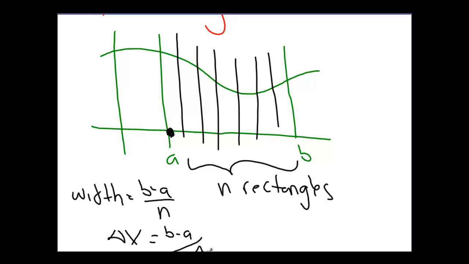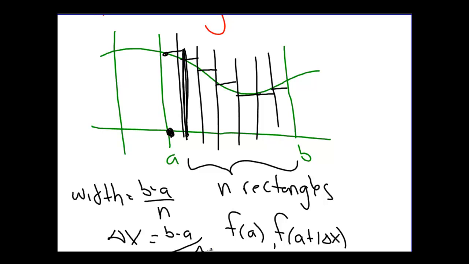Let's go ahead and for this particular example, let's take every left endpoint and estimate the areas based on the values of the left endpoint. That means that our first height is f of a, and our next height is f of a plus 1 delta x. It's this point right here, that's our x value when we're over one of these delta x units.